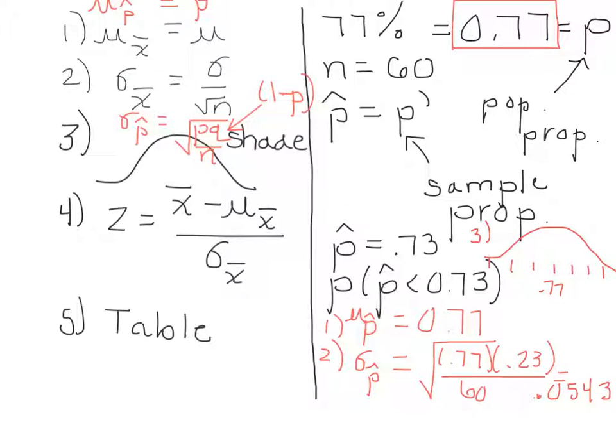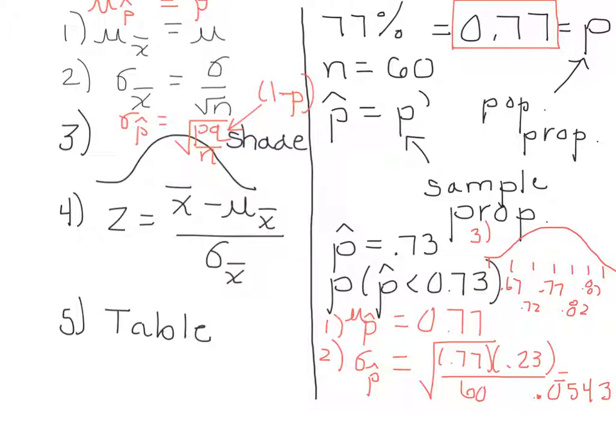So I'm going to round to 0.05. One standard deviation above the mean would be about 0.82, 2 would be about 0.87, and so on. Down below, one standard deviation below would be 0.77 minus 0.05, 2 standard deviations minus 0.05 again, and so on.